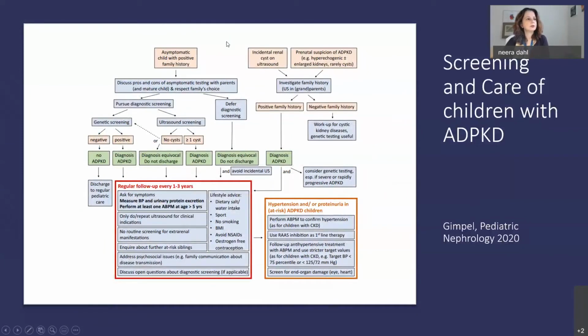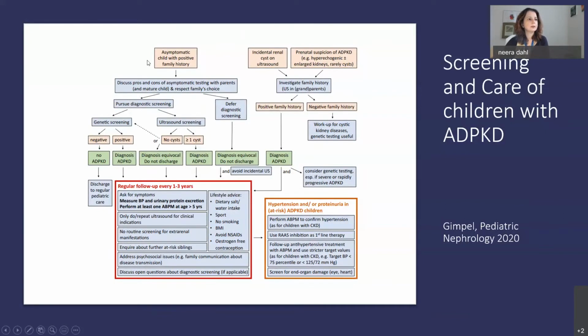And the screening is similar for children. So if we look at what the guidelines are for screening for genetic disease in children, if there's a treatment decision that can be made if the screen is positive, then it's reasonable to consider screening in the childhood age.